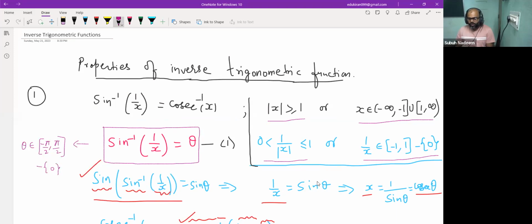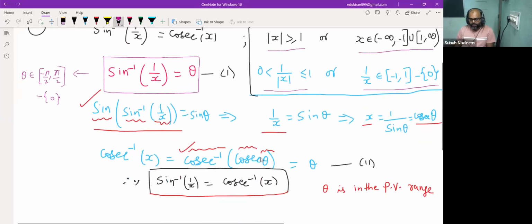Because obviously we are not including 0 here. 1 by mod x is not equal to 0, so that case is not included here. Now, this theta is the same theta, that is, theta belonging to minus pi by 2 to pi by 2 except 0. So here we can say that that is also the principal value range of cosec inverse. So we can cancel them and directly write theta. So that is fine.